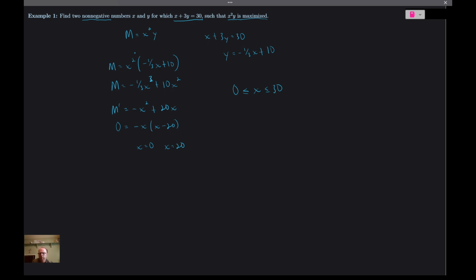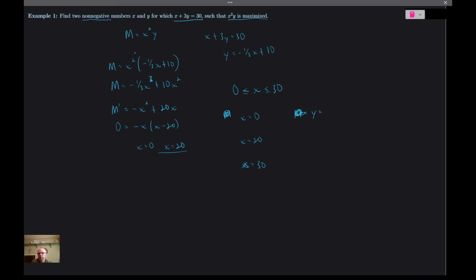And then we have this critical number 20. So using our extreme value theorem, we'll say x is 0, x is 20, or x is 30. So our maximum has to occur at one of these. And if x is 0, I guess we also need y.